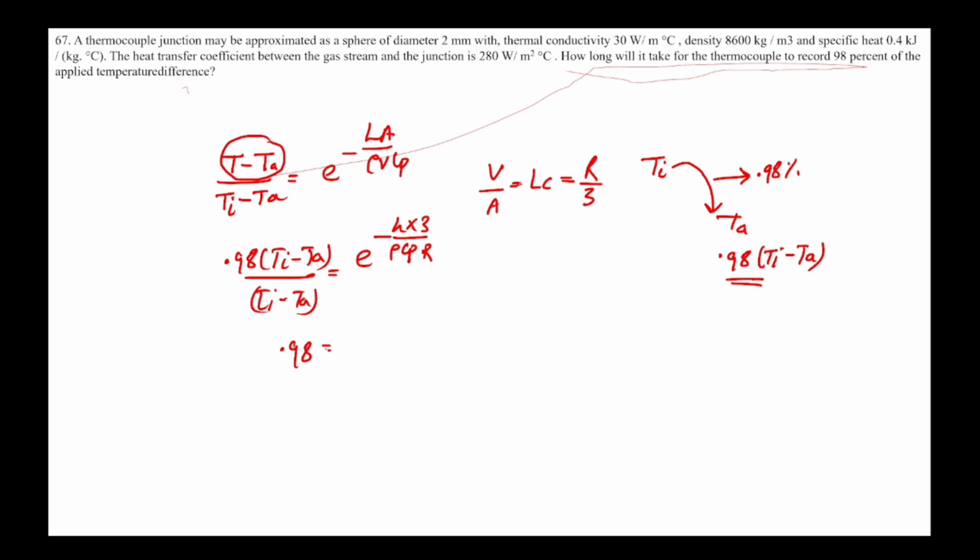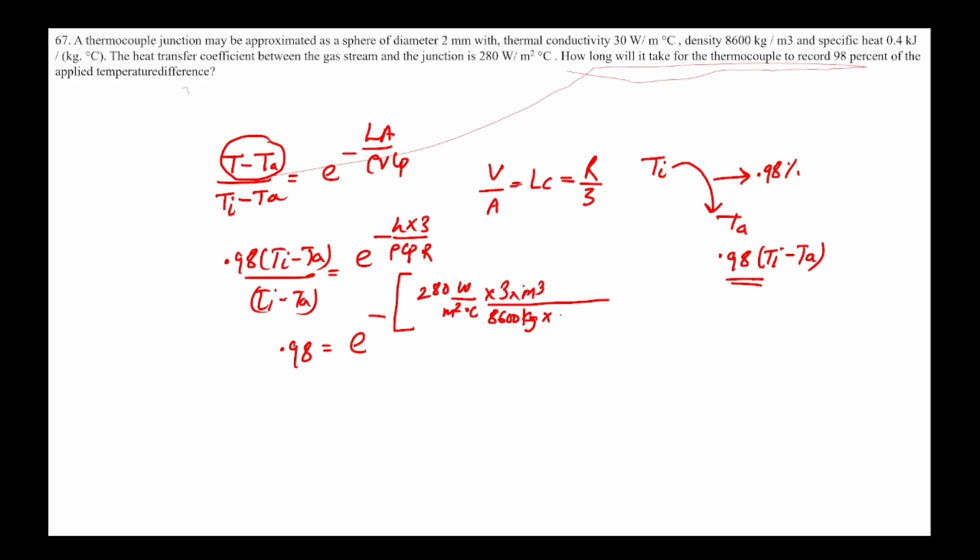0.98 is equal to e to the power minus h is what? Heat transfer coefficient. That is the heat transfer coefficient, 280 watt per meter square degree Celsius, into 3, divided by rho, density at 8600 kg per meter cube.